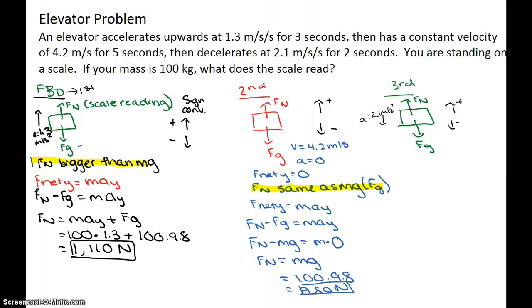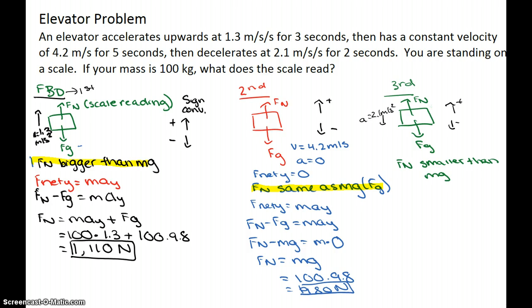Over here, when we were accelerating up, the normal force was bigger. Now that we're accelerating down, we'd expect the normal force to be smaller than the force due to gravity, mg. That makes sense, right? In order for us to accelerate downward, our net force has to be downward, which means mg must be bigger than our normal force.